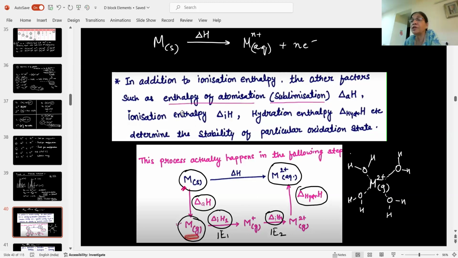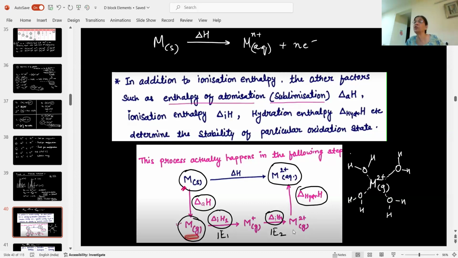Then you have to give ionization energy to remove the outermost electron, and then hydration energy when it changes from gaseous state into aqueous state. This is what I have tried to show here. This is a metal which is solid. You give atomization energy, it becomes metal in gaseous state. Then you give first ionization energy, it becomes M+.